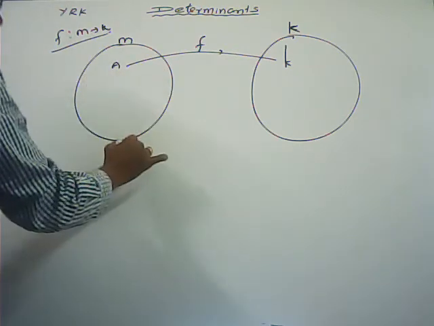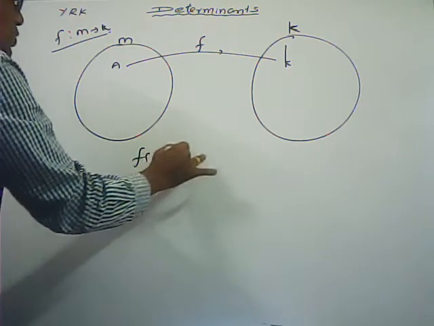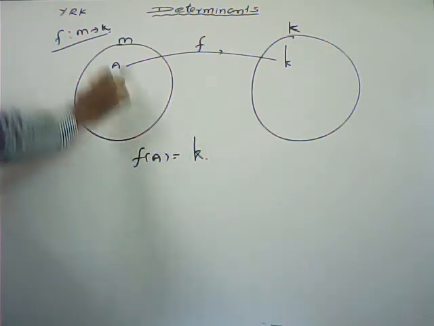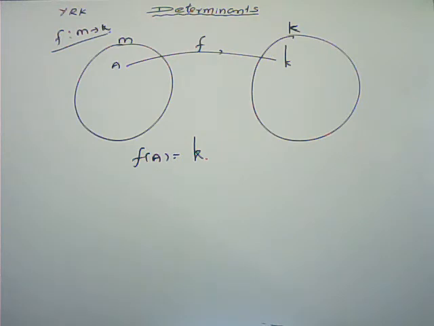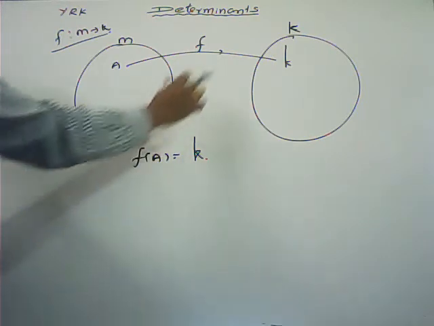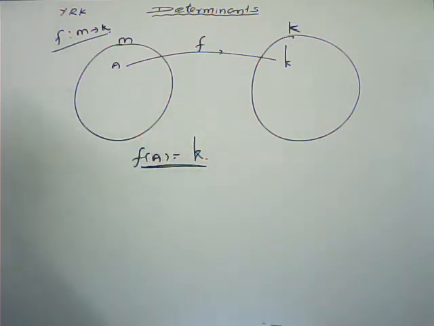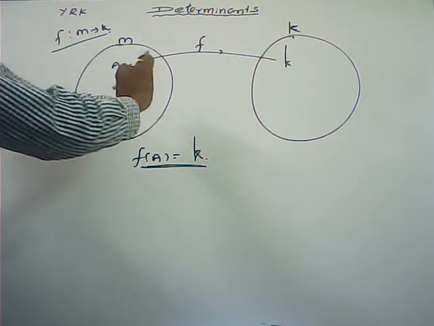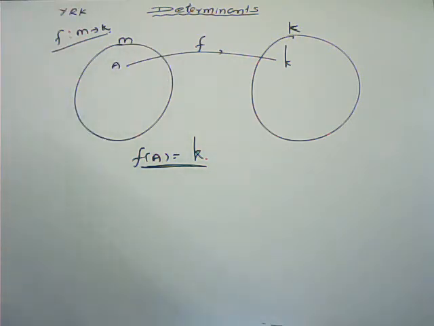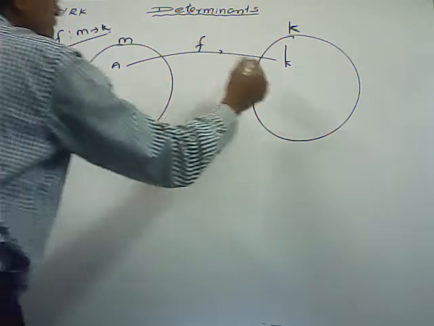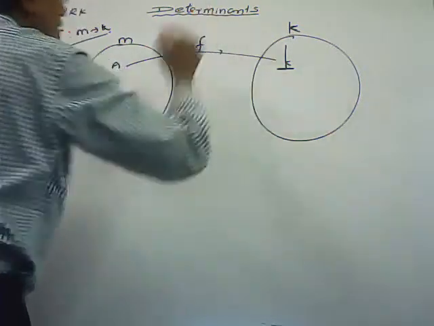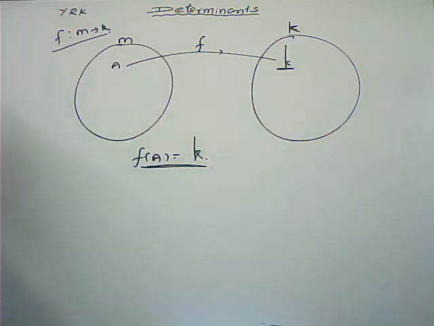This we can write as f of A is equal to K, where A belongs to M and K belongs to capital K. So f is the function from M to K. Every square matrix is associated to a real or complex value. This value we call the determinant of that square matrix.